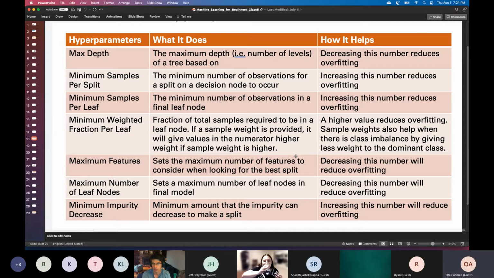I had a question. So at this point, when doing the weighted fraction, it's important to understand or know the feature before you do the weighting?